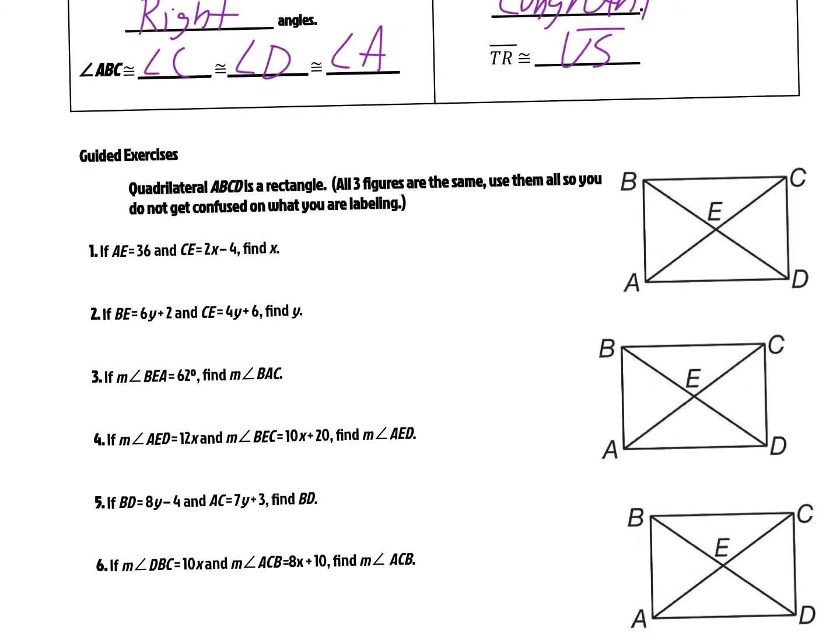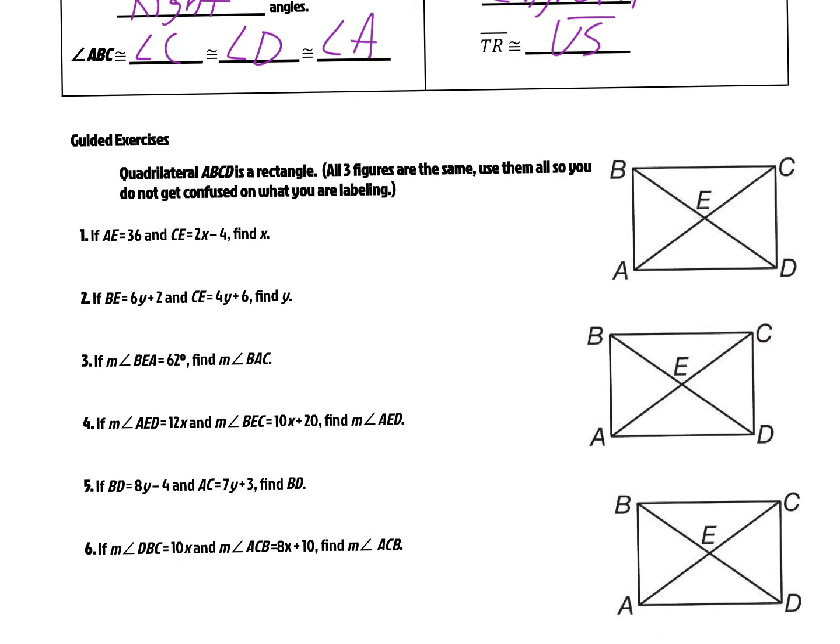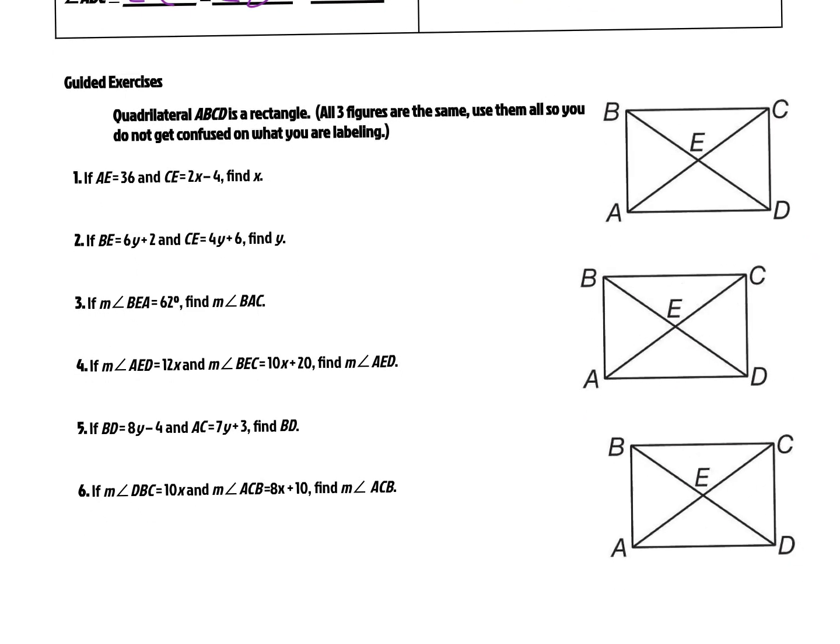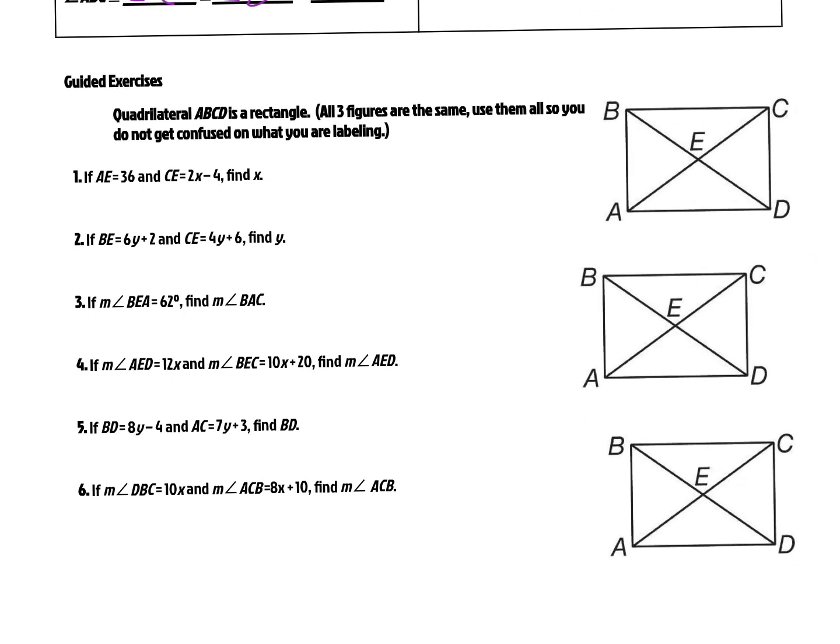All right, so we've got 6 problems here and 3 figures to work with. I'll be using them and then erasing them for ease of access. Number 1, if AE is 36 and CE is 2x minus 4, we want to find what x is.